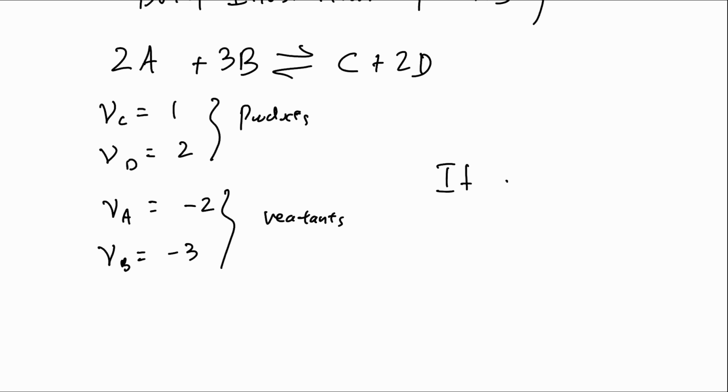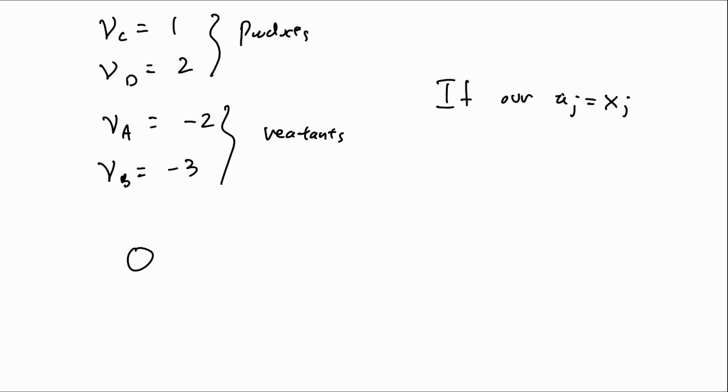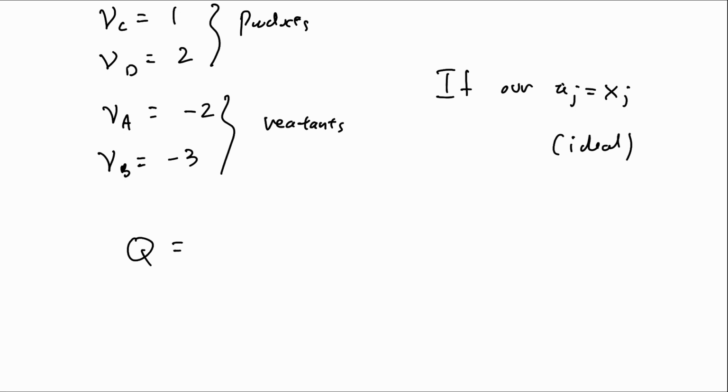And if our A sub j's are equal to X sub j, we could write our Q. So this is like if it's an ideal system, which our Q is the product over j of A sub j to the nu sub j, which then can be the product over j of X sub j to the nu sub j. There's two possibilities what it could be, and I got it mixed up. There we go.